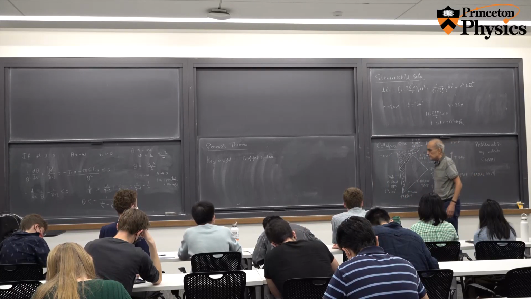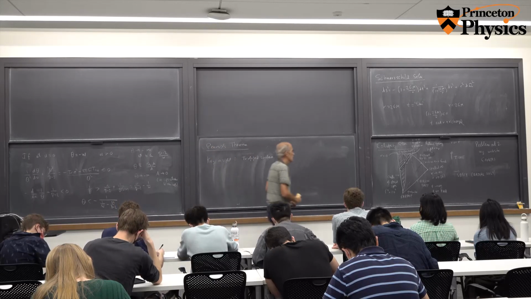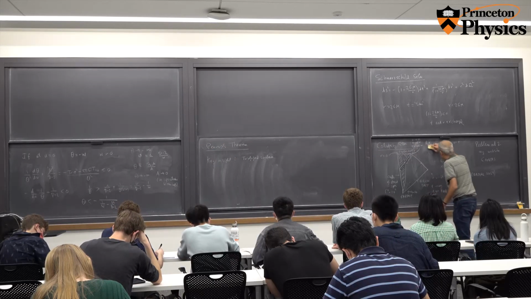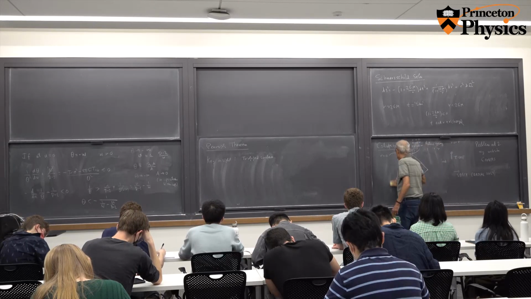So to explain the notion of a trap surface, I want to say a little more about the Penrose diagram, actually. But I'm going to erase some of the stuff we cluttered the picture up with so we can see it better.